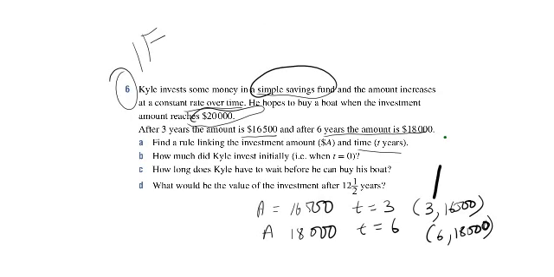So you have 2 points, which is 3, 16,500, and 6, 18,000.